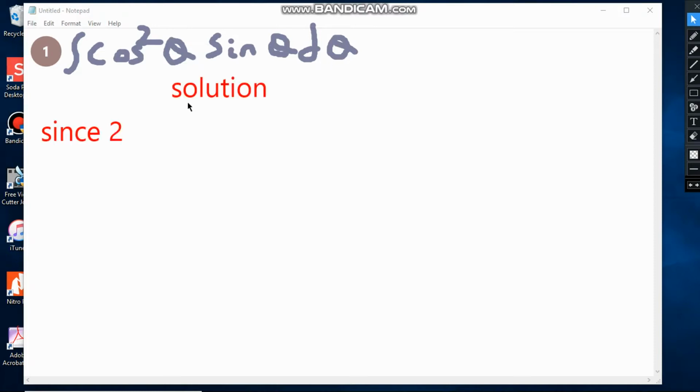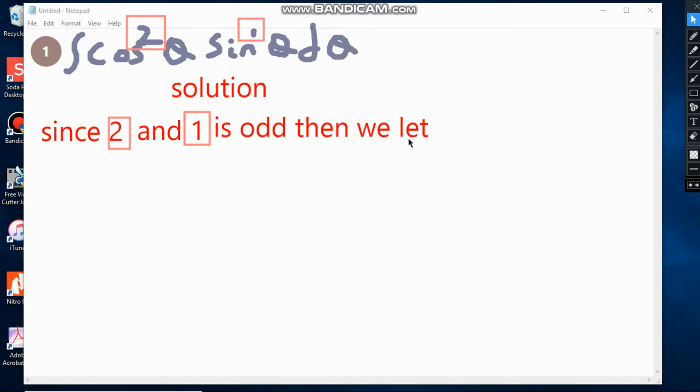Okay, since the power 2, which is this one, is even, and the power 1, which is this one, is odd, then we let cos of theta be equal to a new variable, since cos of theta is under an even power of 2.